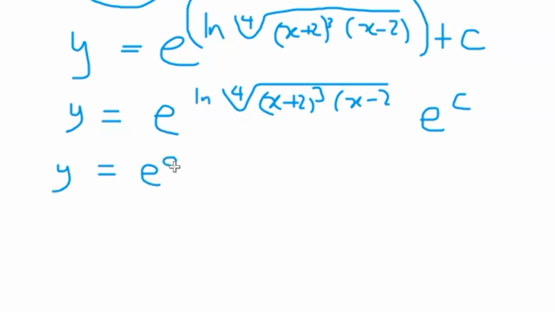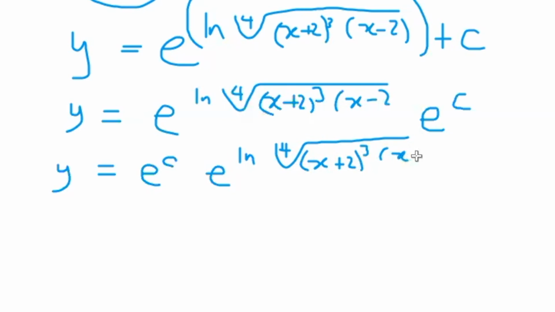Now I can rewrite this where I have e to the c first. So I'm just rearranging, having e to the c first, and then e to the c is a constant. So I can have e to the c represents k, which is a constant.